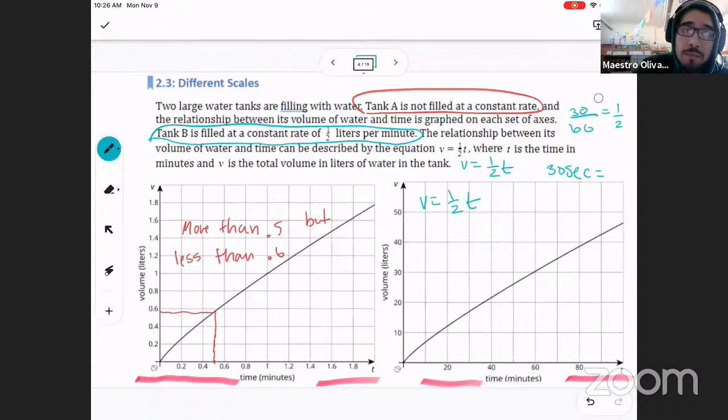So we want to know how many liters of water we have after 30 seconds using the equation, okay? So 1/2 times 1/2. What is 1/2 times 1/2? Anybody?